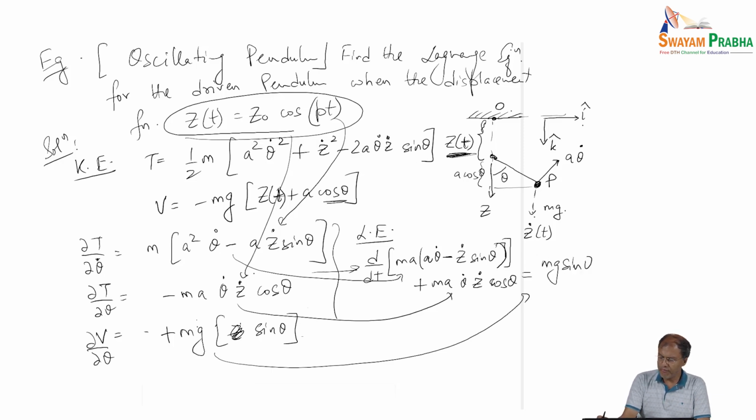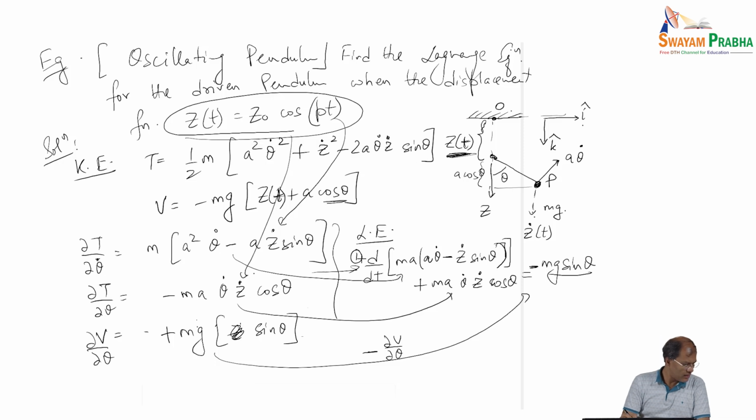So that is my net force. I am now using the term of the potential in exchange for the right hand side of the Lagrange equation. I think we have to use minus dV d theta, so we have to put a minus sign here. So that is my Lagrange equation with respect to variable theta.